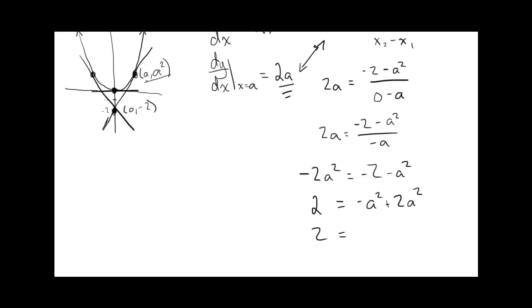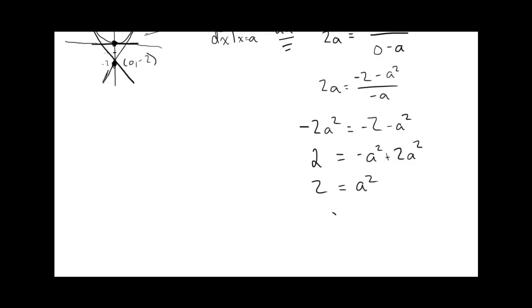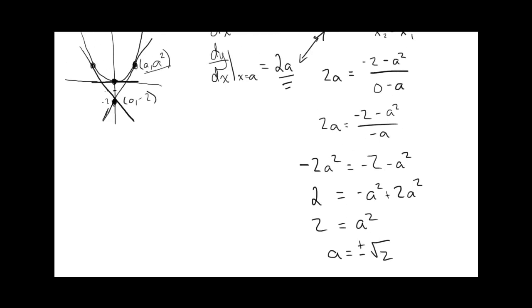So we got 2 equals a squared. So a would be equal to, I'll take the square root, plus or minus root 2. I'm going to leave it like that. So that's this point a. And why did I get 2 answers? Well, remember there's 2 points. So this point must have been root 2, and this point must have been minus root 2.